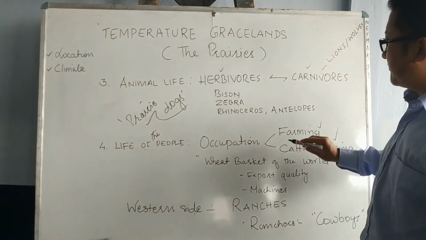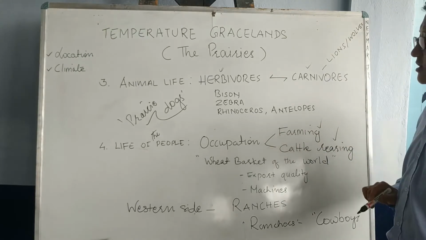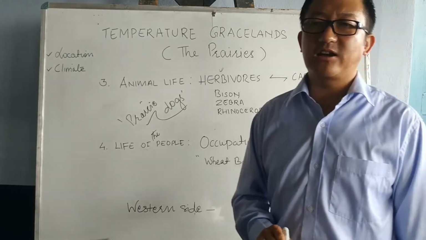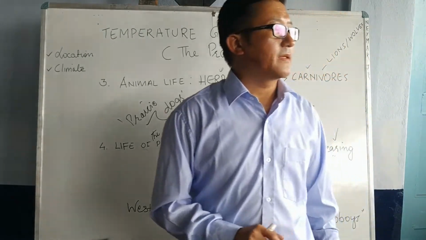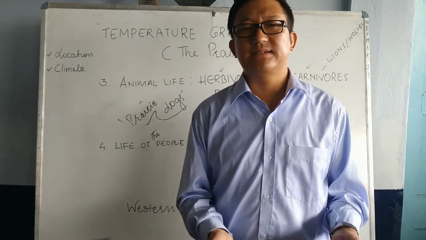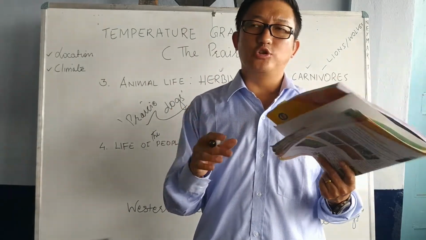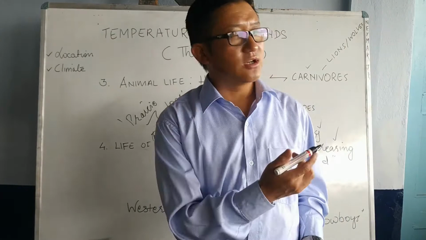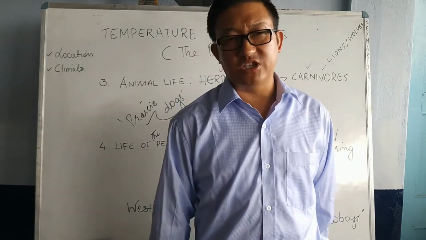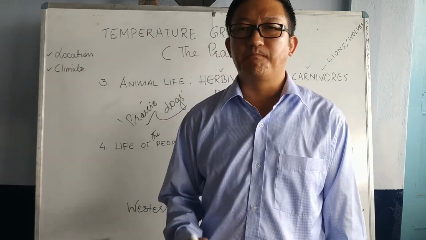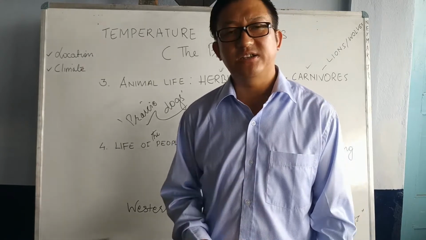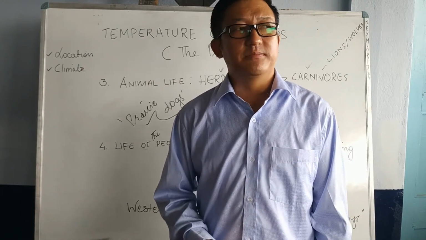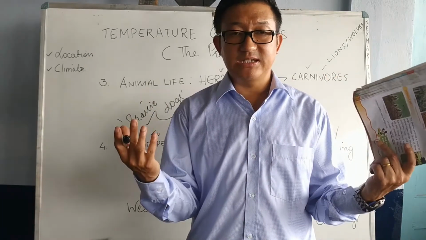Let us first take the farming. How do they do farming? Farming means you plant seed and you grow and you reap it. Suppose here we do paddy plantation, and in June, July we do paddy plantation, and by December paddy will be ready.